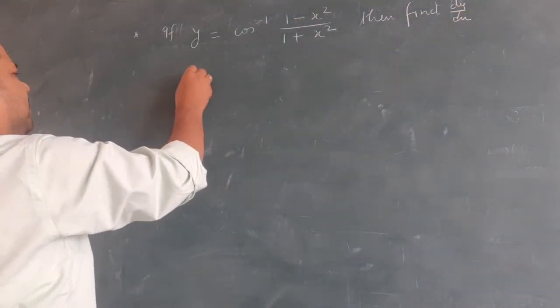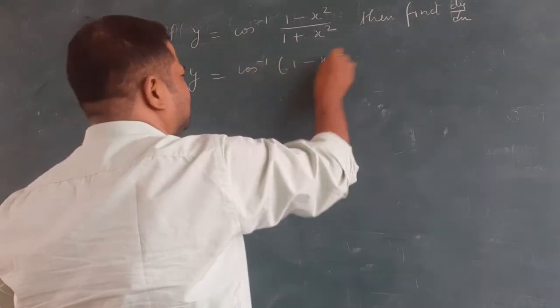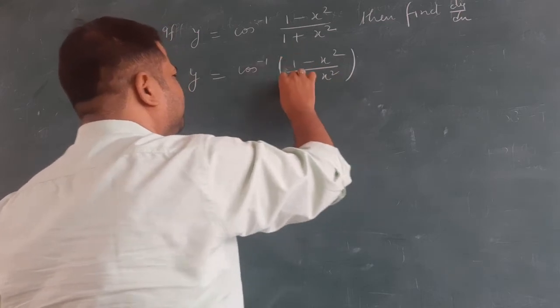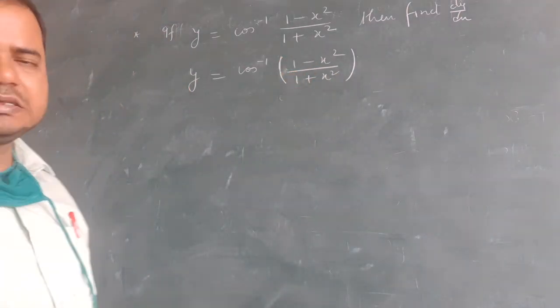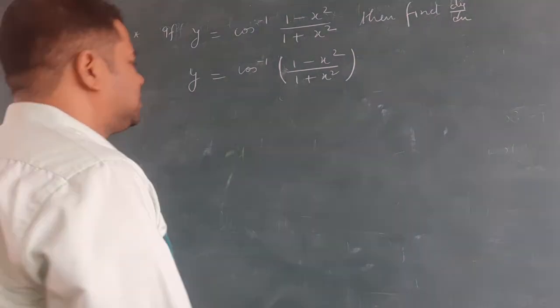So y is equals to cos inverse of 1 minus x square upon 1 plus x square. How to differentiate it? We cannot differentiate directly. We put the substitution.